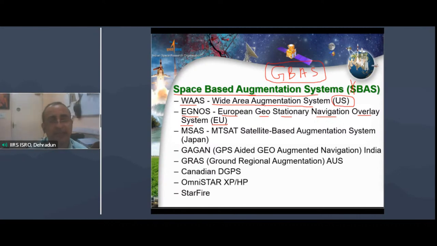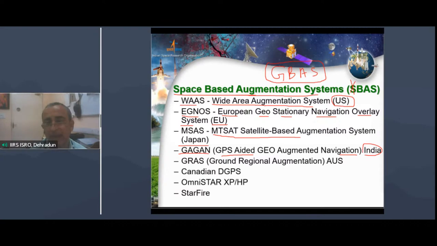Then MSAS, the MTSAT Satellite Based Augmentation System, works for the Japan region. For India, it is GAGAN, the GPS Aided Geo Augmented Navigation, for India and its region.